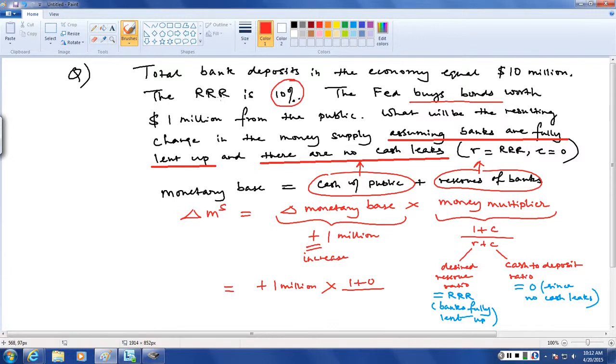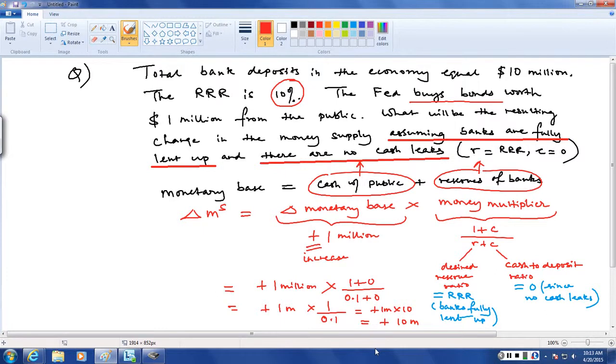But we need to convert that into decimals, correct? So this would be 0.1 plus 0. Right, so this is then plus 1 million times 1 divided by 0.1, which is plus 1 million times 10, or plus 10 million.